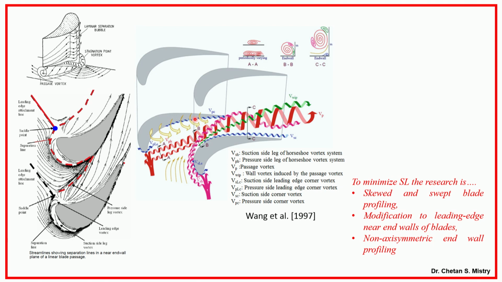Now, if we look at it in an overall sense, we will have the wall vortex that will be induced because of my passage. What do you mean by that passage? Just try to understand what we discussed in the morning. We have our solid body, which has the growth of boundary layer, and on both the surfaces we have differential pressure, and that differential pressure will form a new vortex here.